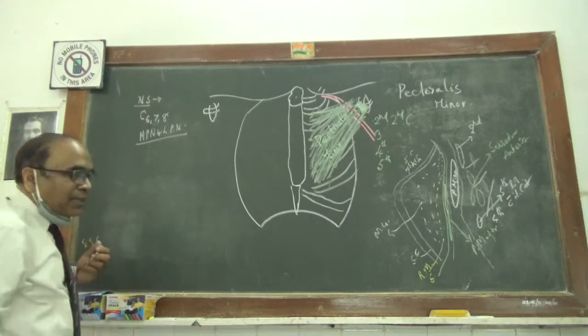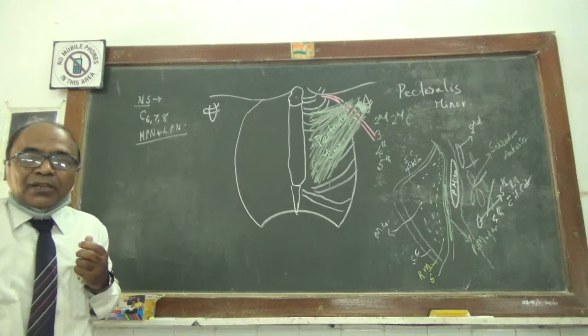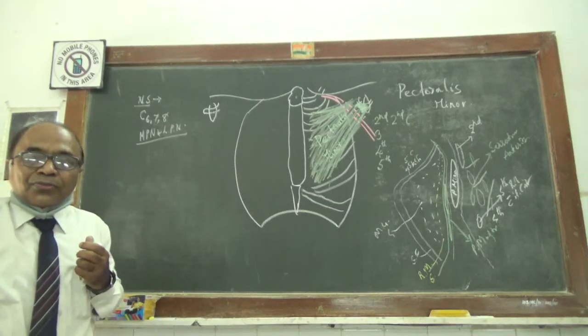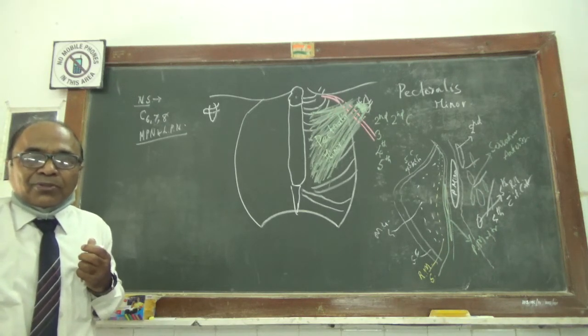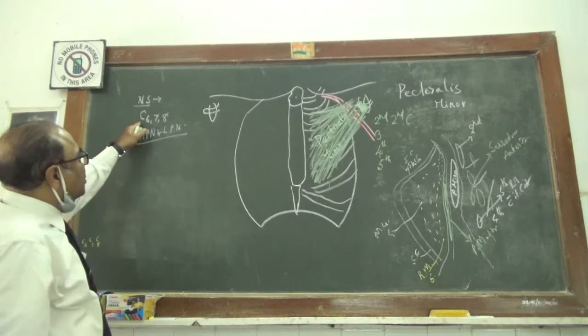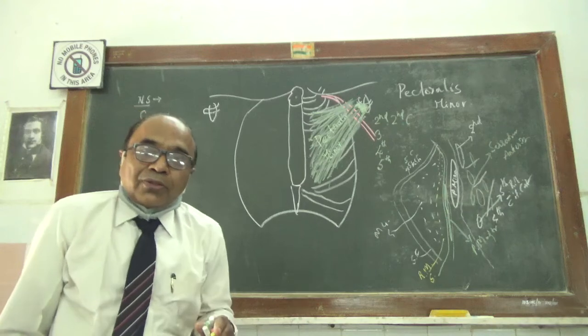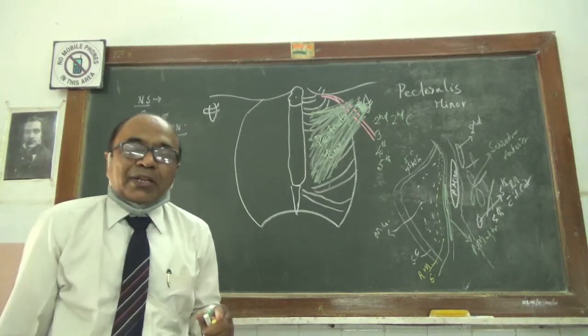So the pectoralis minor takes its nerve supply from the medial and lateral pectoral nerves, from the medial and lateral cords of the brachial plexus, which derive from the 6th, 7th and 8th root values of the cervical spinal nerves.